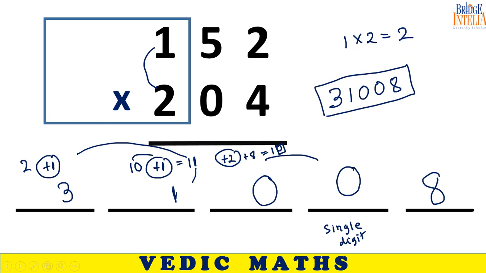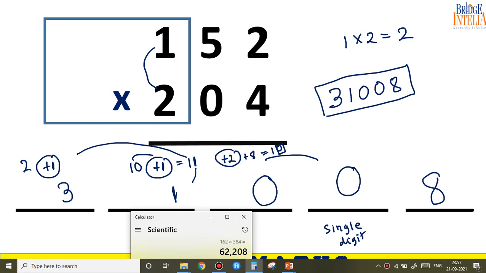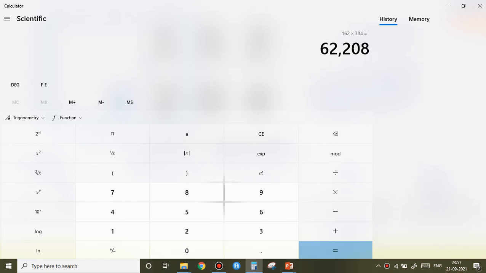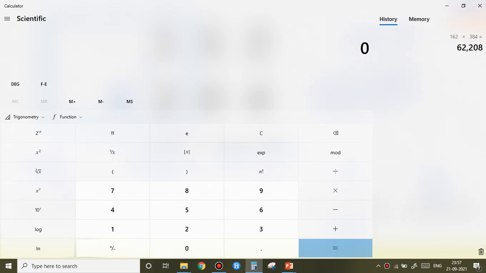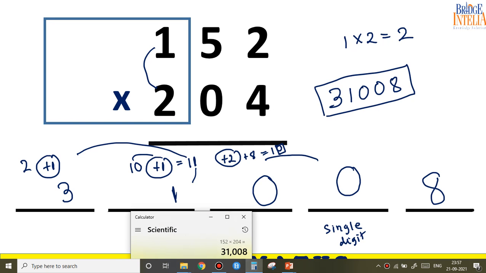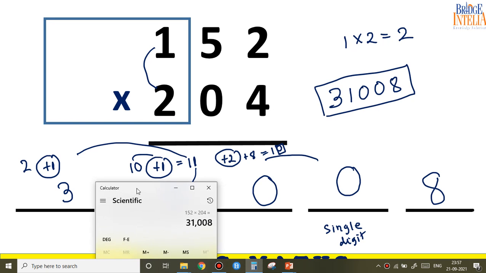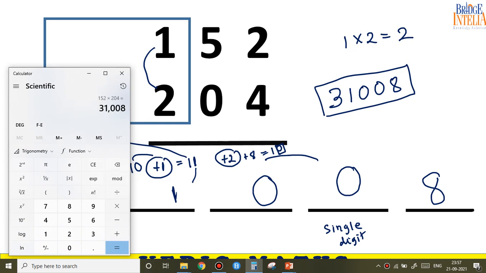So let's verify this once. 152 multiplied with 204. So it is 31,008. You can see 31008. So answer matches.